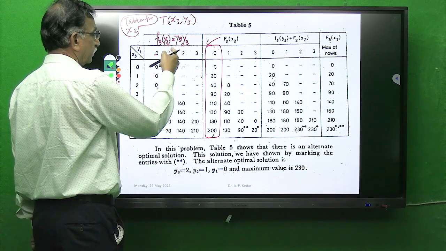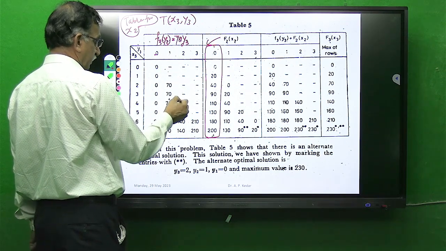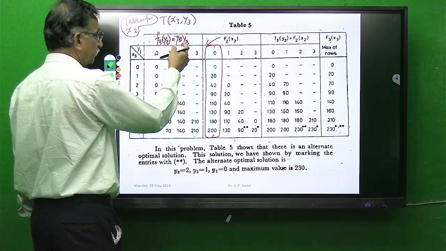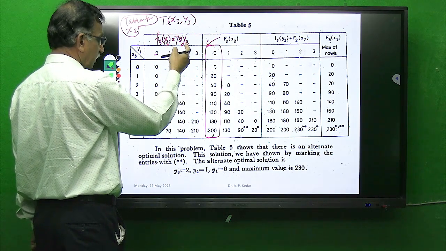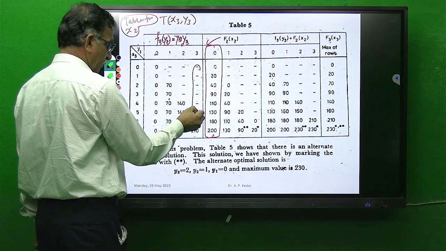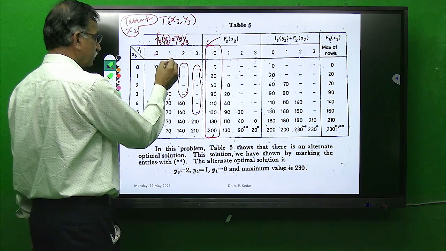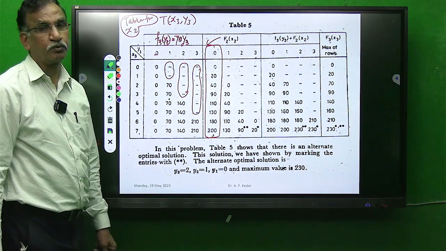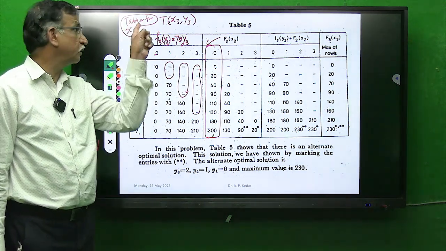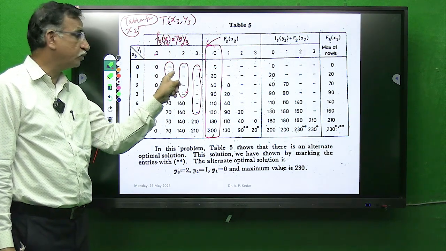By multiplying y3 equal to 1 we get 70, 140, and y3 equal to 3, 70 times 3 is 210. These places were not satisfying the constraint values, and therefore we kept dash in this transformation table.